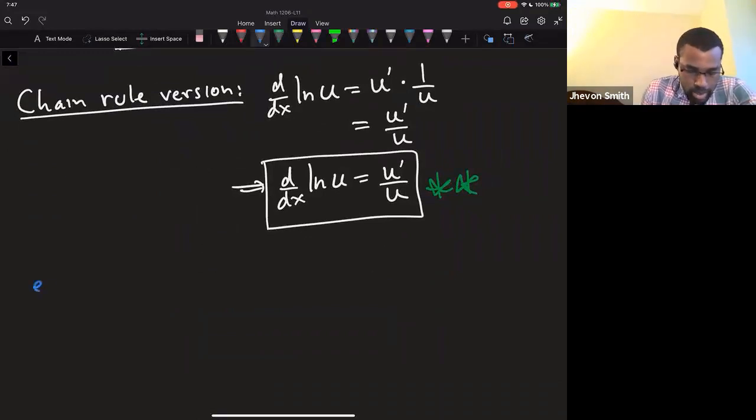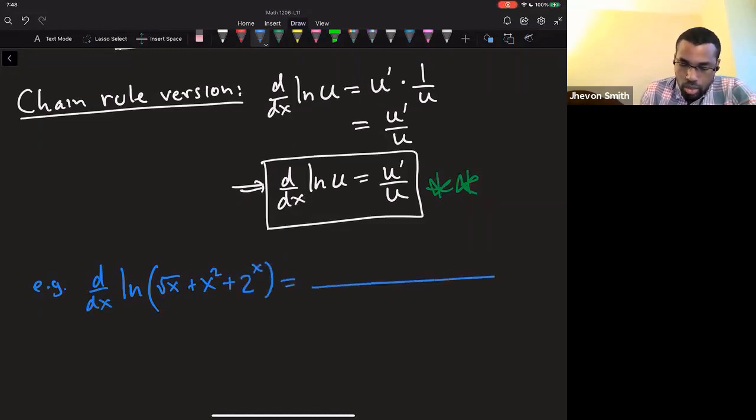Maybe some examples would be nice. Example, if I wanted to differentiate the ln of, I don't know, radical x plus x squared plus 2 to the x, that is going to be the derivative of all of those guys, 1 over 2 rad x plus 2x plus 2 to the x ln 2, divided by that radical x plus x squared plus 2 to the x.